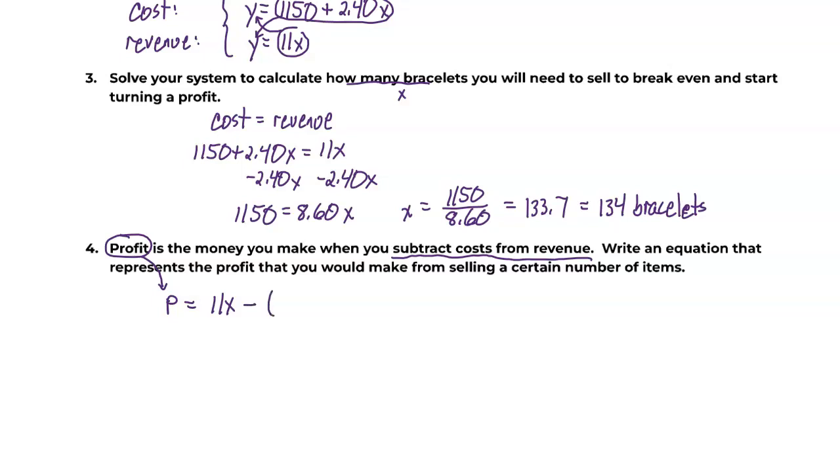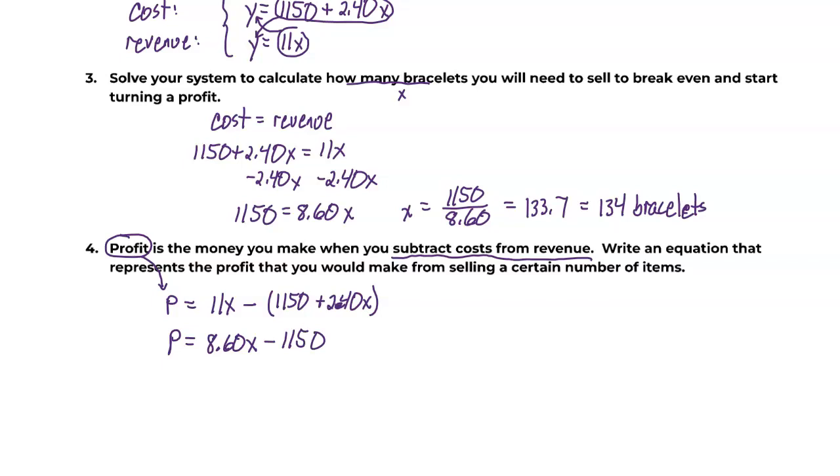Our cost expression is 1150 plus 2.40x. There's our equation for profit. We can clean this up a little bit, do a little bit of distributing, rearranging, and so on. So 11x subtract the 2.40x is the 8.60x, and then the minus 1150.